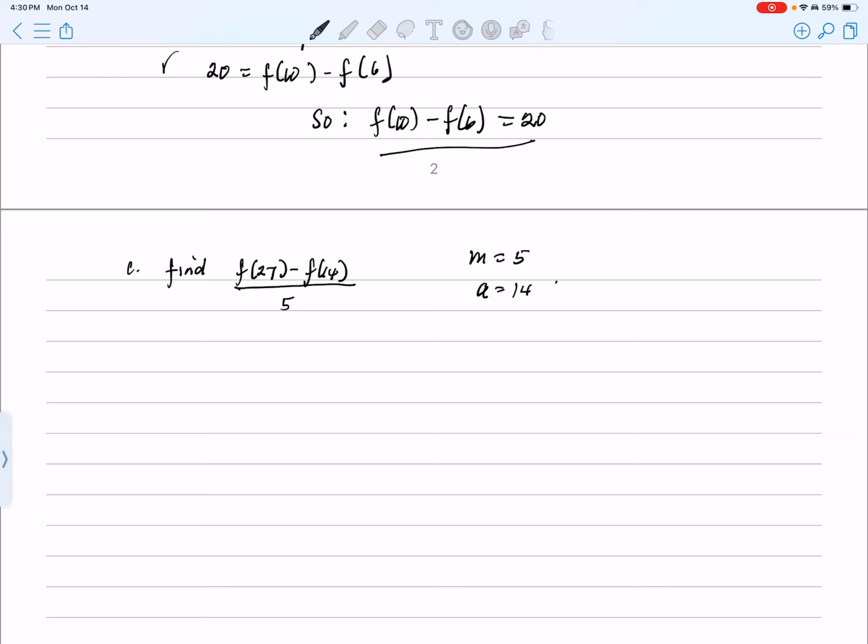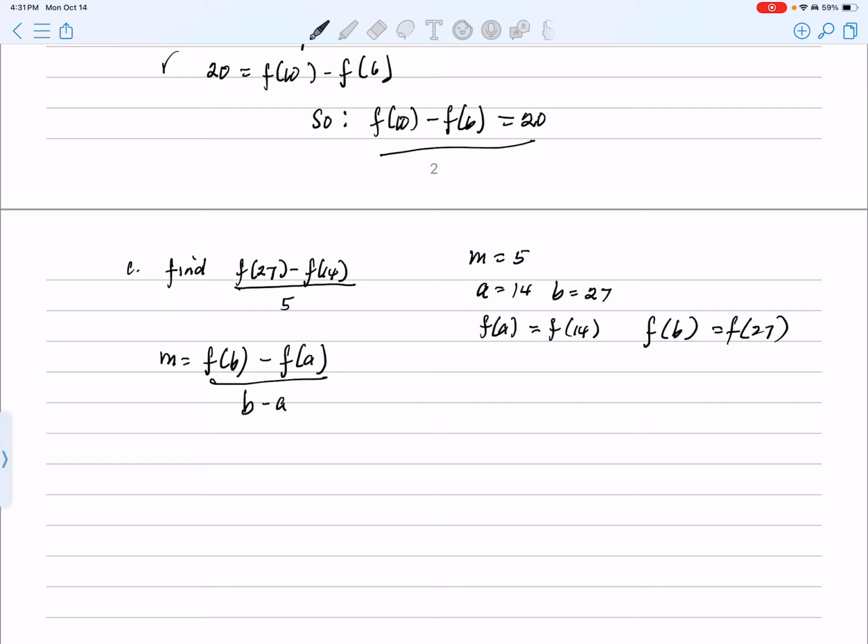So f of a is f of 14, and f of b is f of 27. Let's do this in the formula: f of b minus f of a over b minus a.